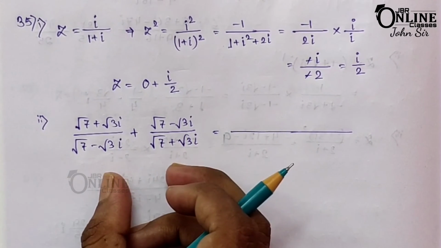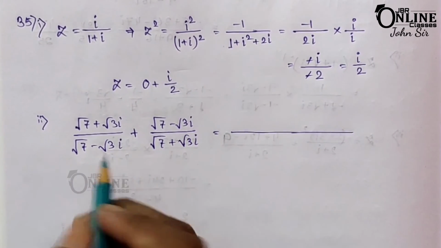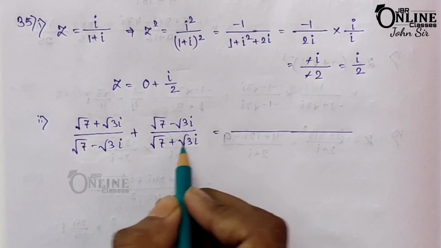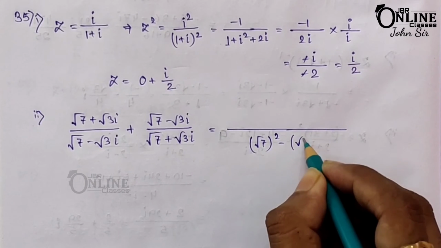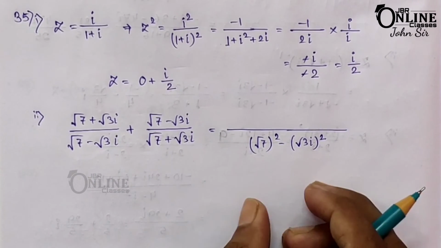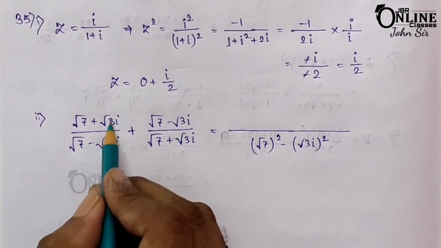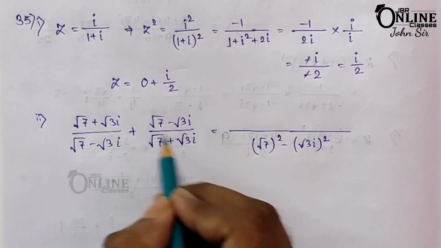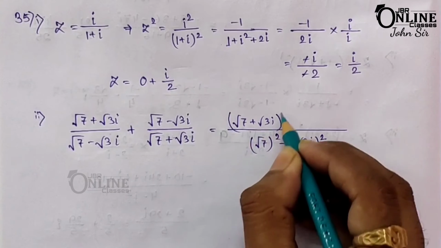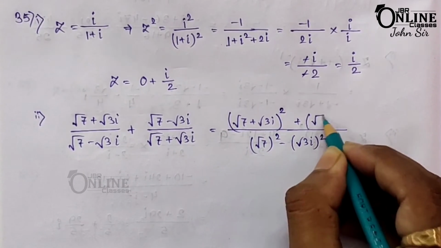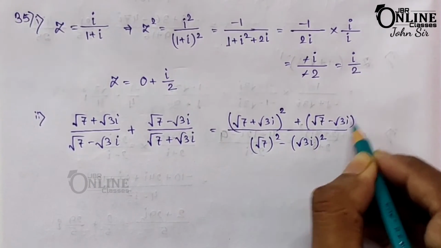So you can apply the formula of a square minus b square, because this one is negative and this one is positive. So it's very easy. So a square minus b square. Okay, and the upper one will be the whole square of this one plus the whole square of this one. So first write down the whole square of the first one and then the whole square of the second one.